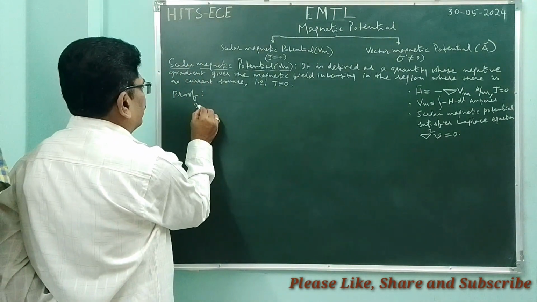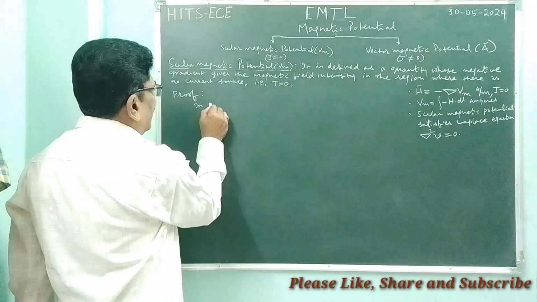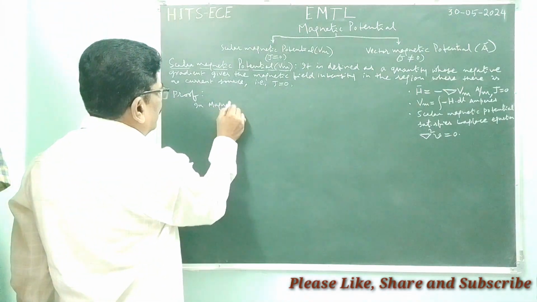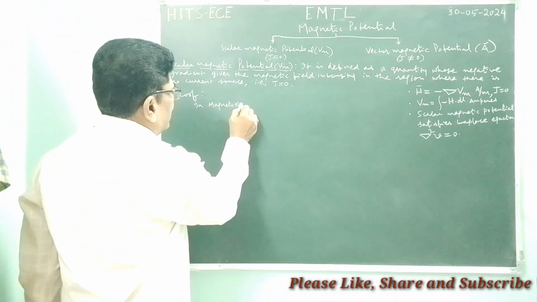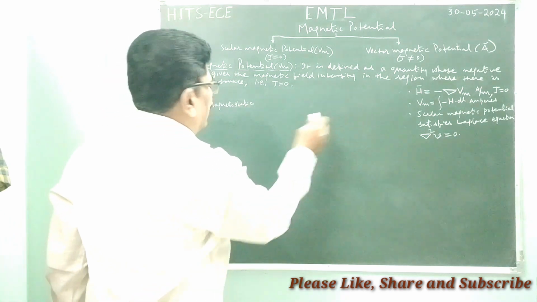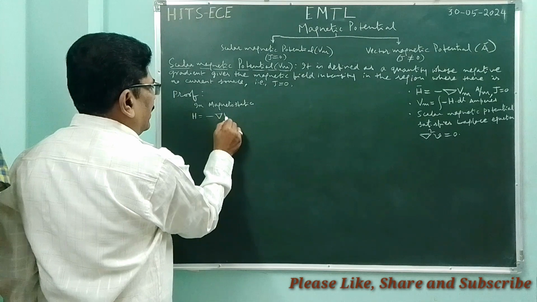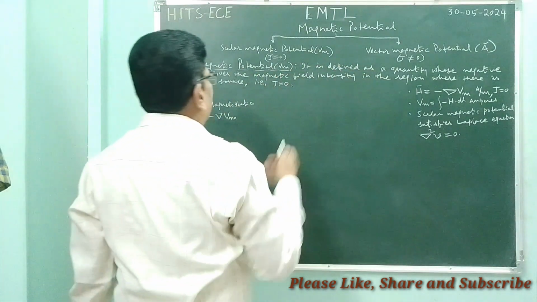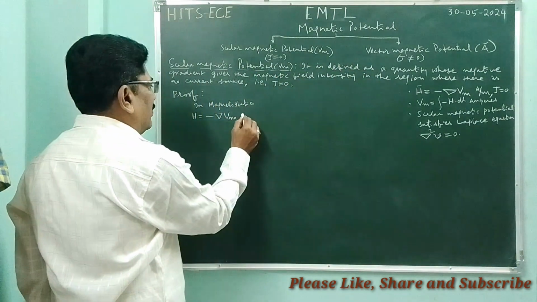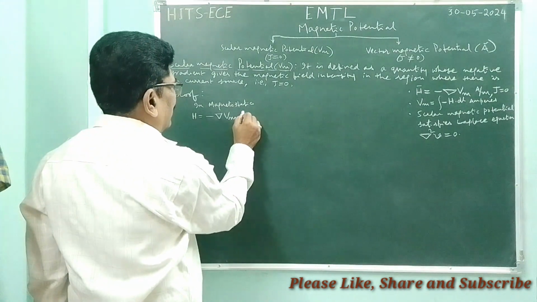In magnetostatics, H is equal to minus del Vm, as per the statement given. H is equal to minus del Vm amperes per meter.